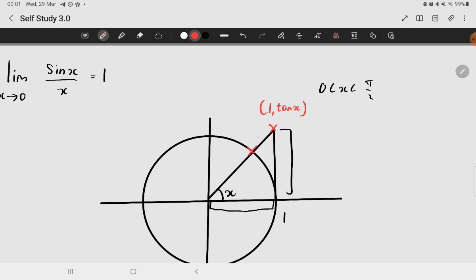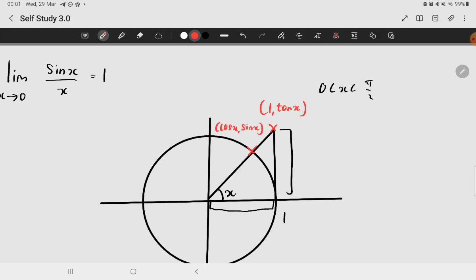Then this point, if I'm not mistaken, should be cosine. So here will be cosine of x. Let me draw it properly. Cosine of x, sine of x, at that particular point.